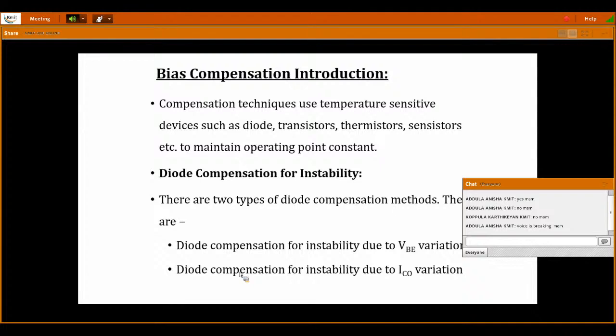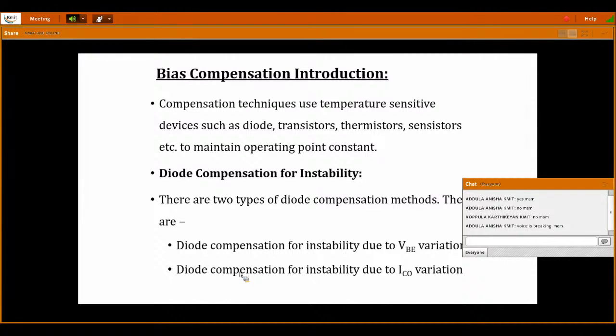You use the self bias technique, and if the temperature increases, if you have a variation in the beta, or a variation in the base to emitter junction voltage for every degree centigrade rise in temperature, then the additional components we have to use are temperature sensitive devices. The compensation techniques need temperature sensitive devices such as diodes, transistors, and thermistors, which can maintain the operating point constant.